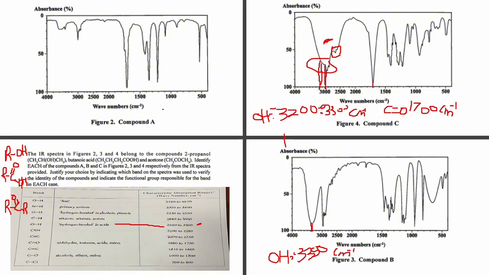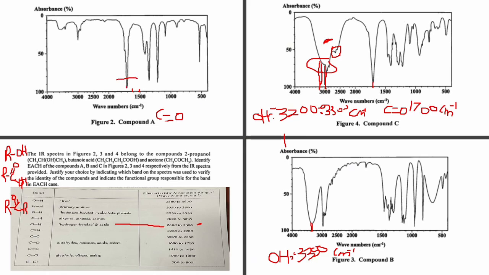For looking for your carbon double bonded to your oxygen group to justify this as your ketone, that's around your 1680 to your 1750. So 1500, 1600, 1700. So we're going to be focusing in on this peak right here.